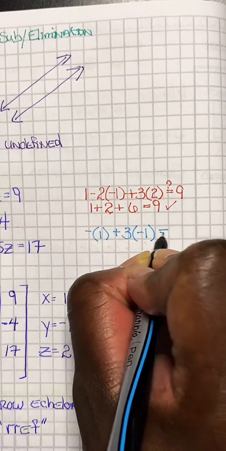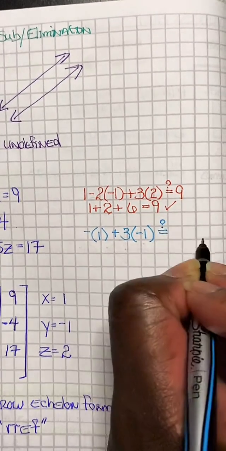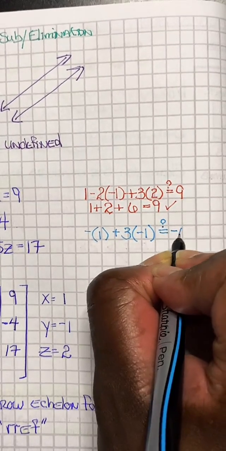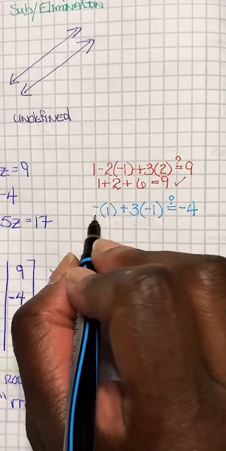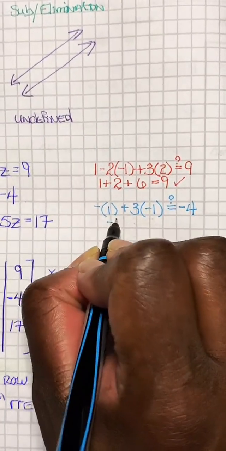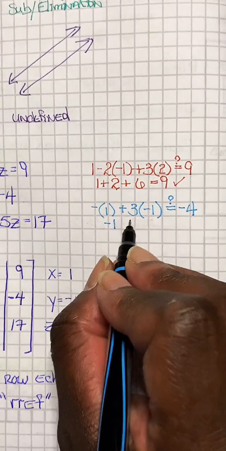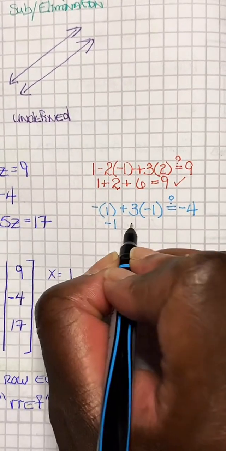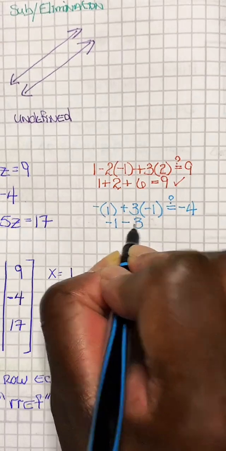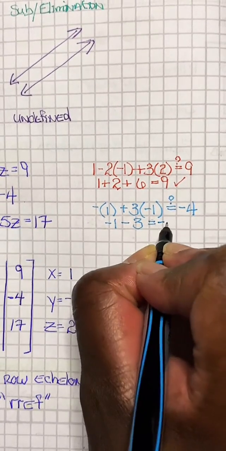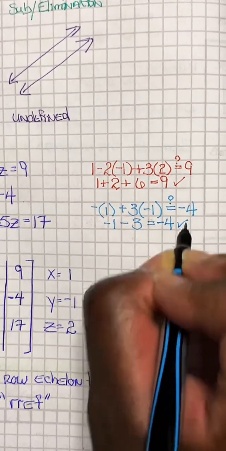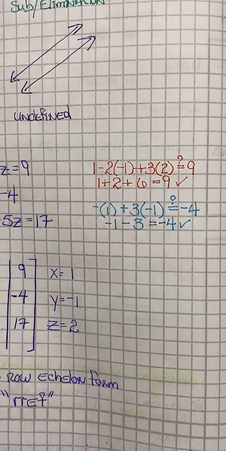And the answer, which we're hoping, that's why I put the question mark over there, we're hoping it's going to equal a -4. So negative times 1, that gives me -1. And a +3 times a -1, that gives me a -3. -1 minus 3, that gives me a -4. That works. Okay.